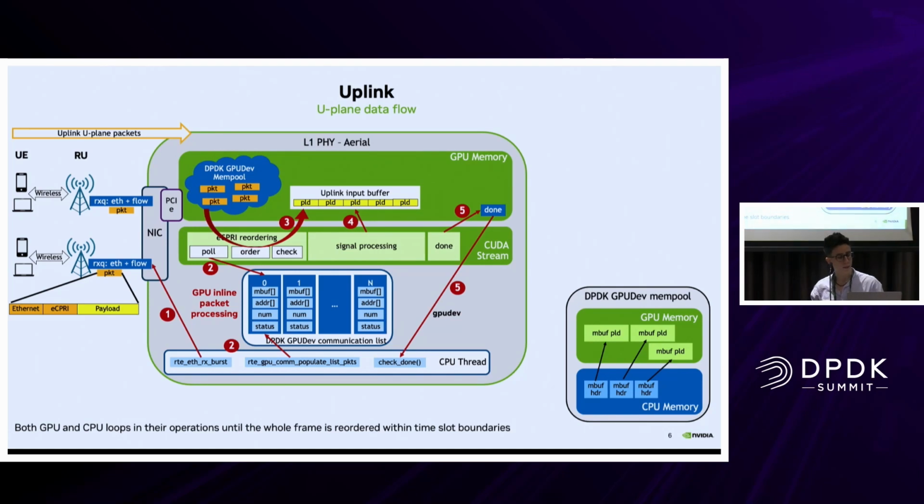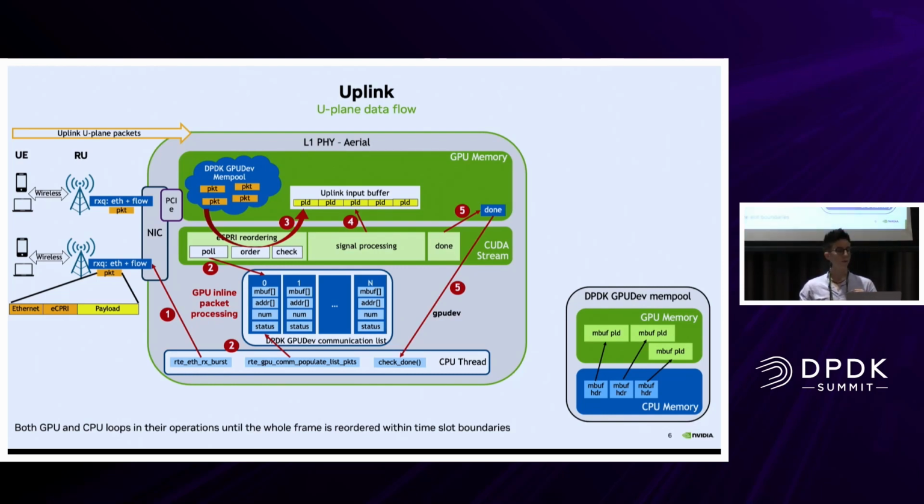What happens is the CPU thread populates the next item of this list with MBUF information, so which MBUFs can be used to receive packets, packet addresses, number of packets, and so on. On the other side, on the GPU, specifically for the NVIDIA GPU on the CUDA stream, you have what we call the eCPRI reorder kernel.